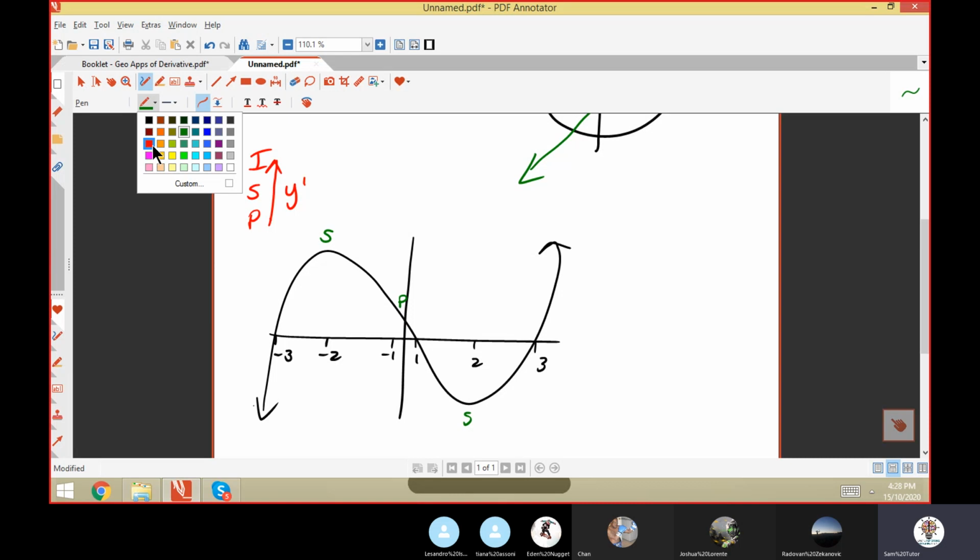So let's start with our S's. Stationary point becomes an intercept, and that's beautiful because right there, stationary point becomes intercept. Point of inflection becomes stationary. Now, you don't know the y value.